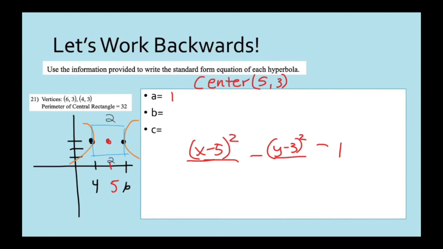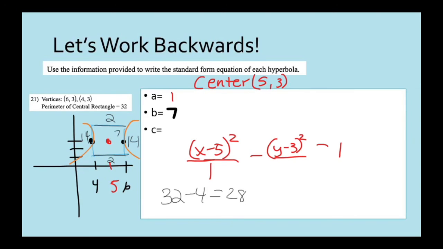But that means, since the whole perimeter of the rectangle is 32, and 2 plus 2 is 4, that I have 32 minus 4, which makes 28. That means I have 28 to split between the other two sides. That means each of those sides is 14 and 14. But I'm looking for the b value, which is right here. And that is half of the 14, which is 7. So my b value is 7.